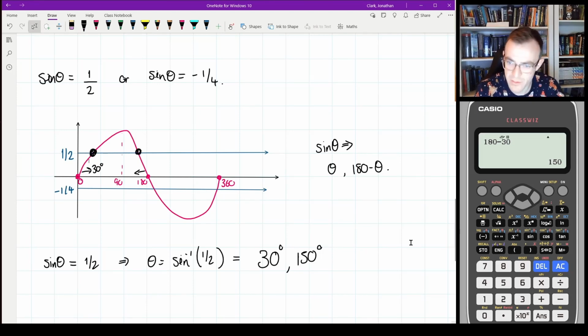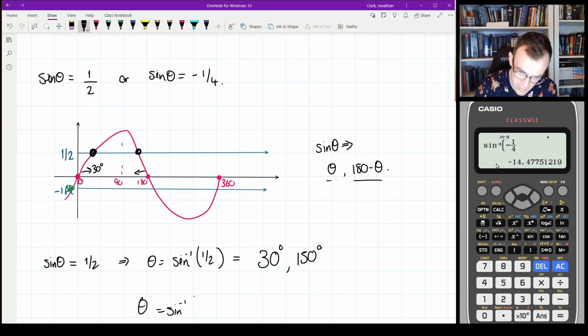And then this one down here now, minus a quarter. So let's take the inverse sine of minus a quarter. And it's minus 14 degrees. So what that's doing is giving me an angle back here somewhere, minus 14.5.